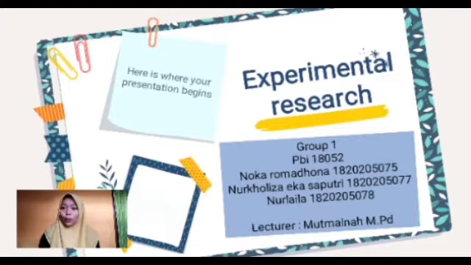Experimental research is one of the most powerful research methodologies that researchers can use. Of the many types of research that might be used, the experiment is the best way to establish cause and effect relationships among variables.